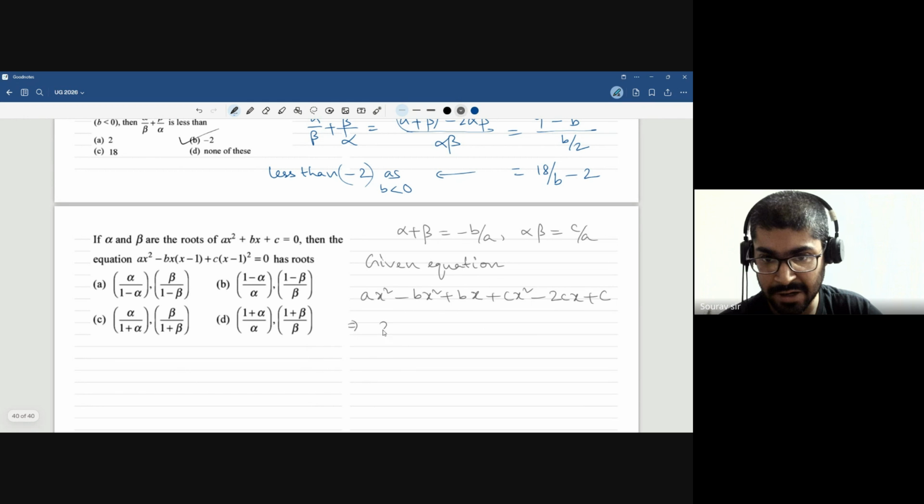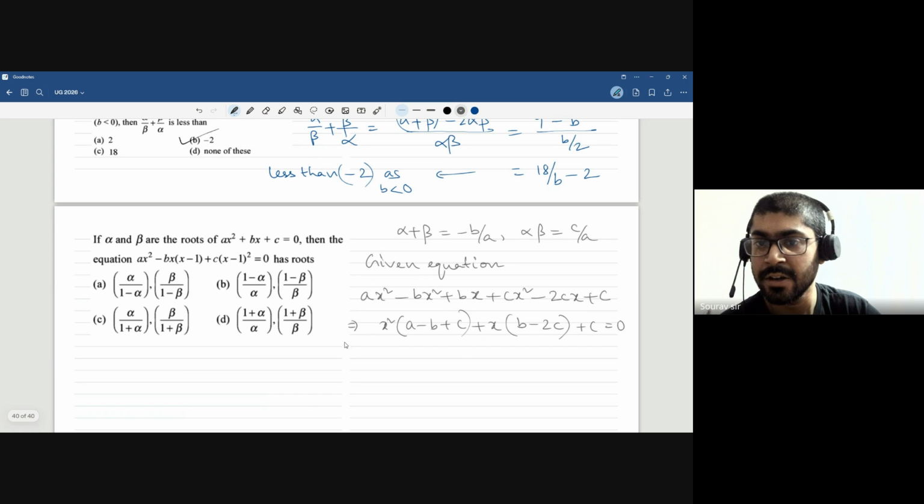So that will be x square into a minus b plus c, and I'll take x common and I'll get b minus 2c, and plus c is equal to 0. So that is the quadratic equation that we were given.